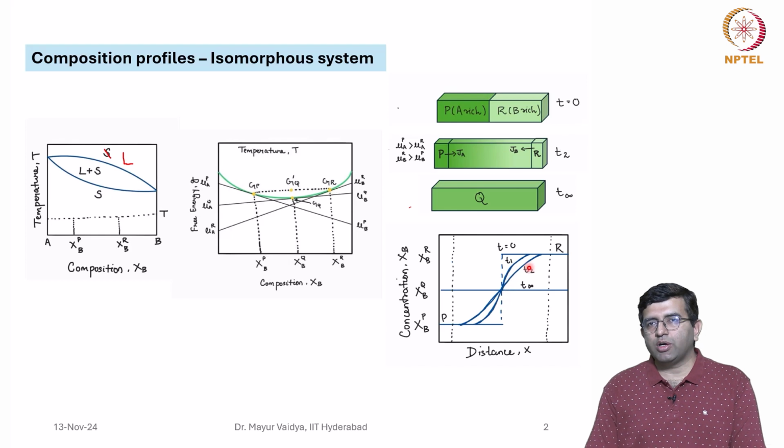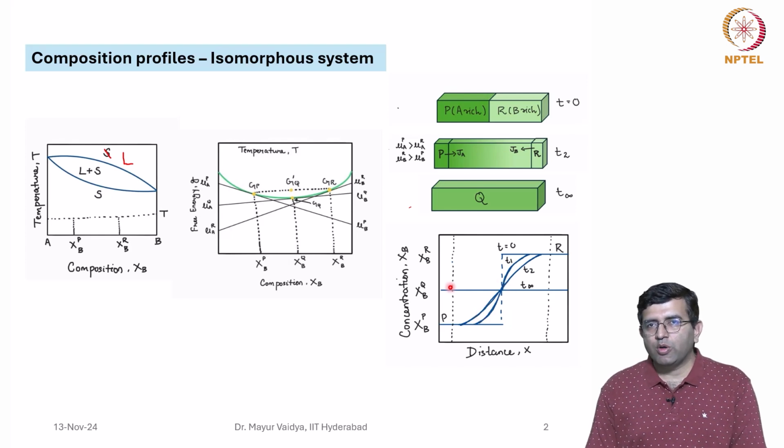As we proceed with the annealing duration, as the time increases to T2, you will see that more and more B has moved from R to P. So, you can see this is the line for T2. Here the composition becomes even less than XBR, and here the composition is increasing with respect to XB.